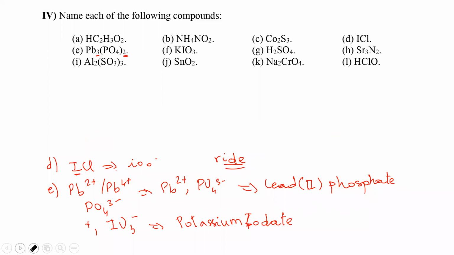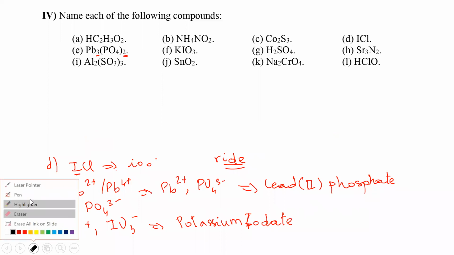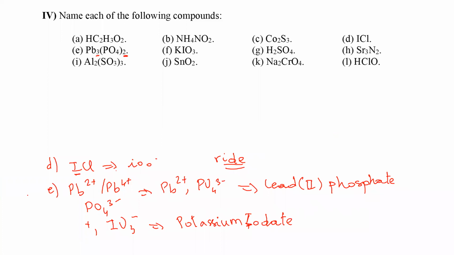So we can go back to J. So for J, it's based on H plus and sulfate ion that you should know also. That's going to be, if it's the ate, sulfuric acid.